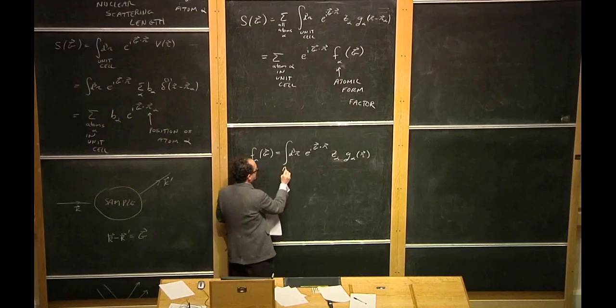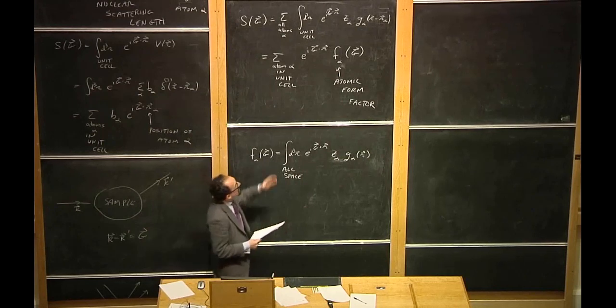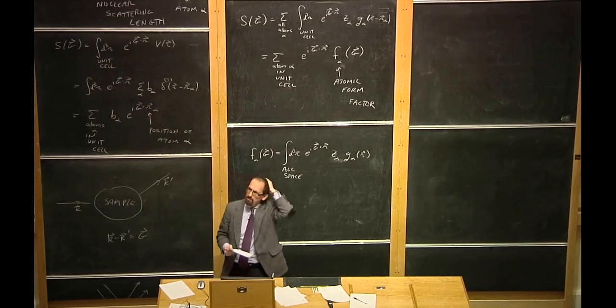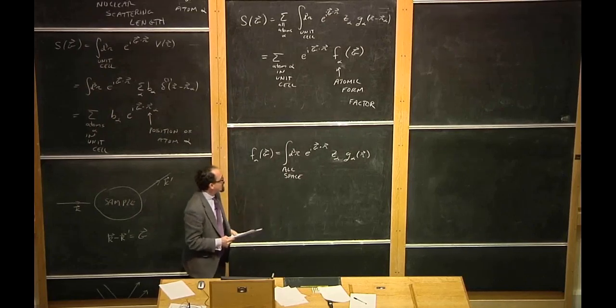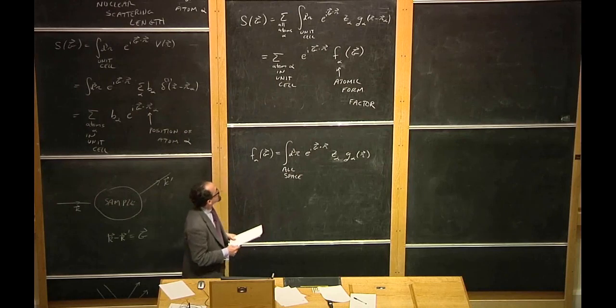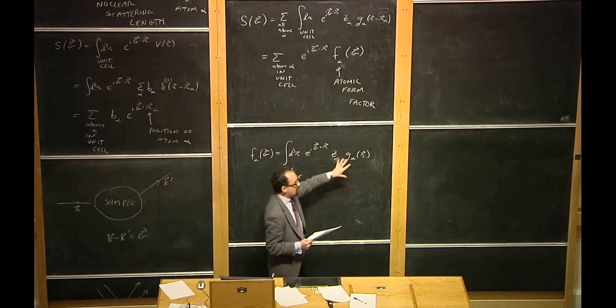The surprise, maybe, is that this integral is actually over all space, not just over the unit cell. I'm not going to go through the whole derivation. I think there's a revision homework assignment that asks you to try to work through it, or there was last year. Maybe it's not there this year. But it's worth trying to do. It's in the book.